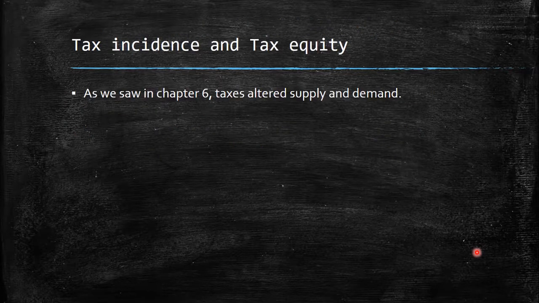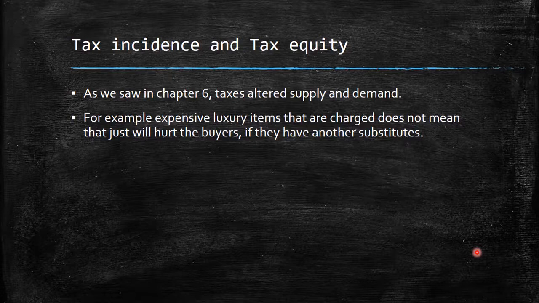Here we have the tax incidence and tax equity. As we saw in chapter 6, taxes alter supply and demand, as we said in the introduction. So it's important to have some scheme. Say, in normal life, a tax on expensive clothing, in this case jackets. We say, okay, let's put a higher tax, and the people that have money won't care, so they can pay more.